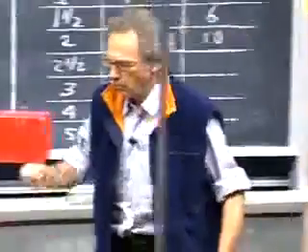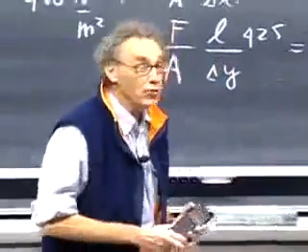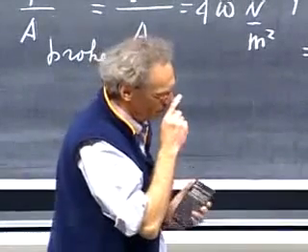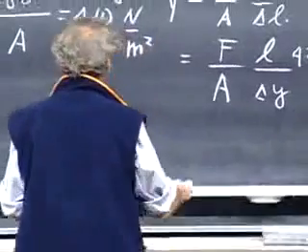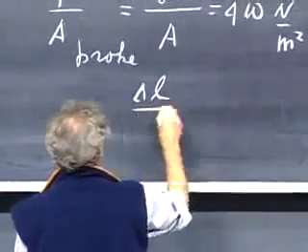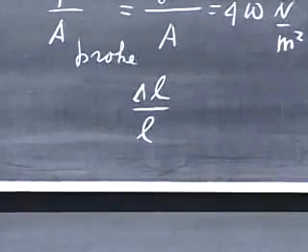The percentage strain is actually extremely low in the portion that the curve is linear. You can ask yourself the question, what is delta L divided by L in terms of percentages during this portion here?